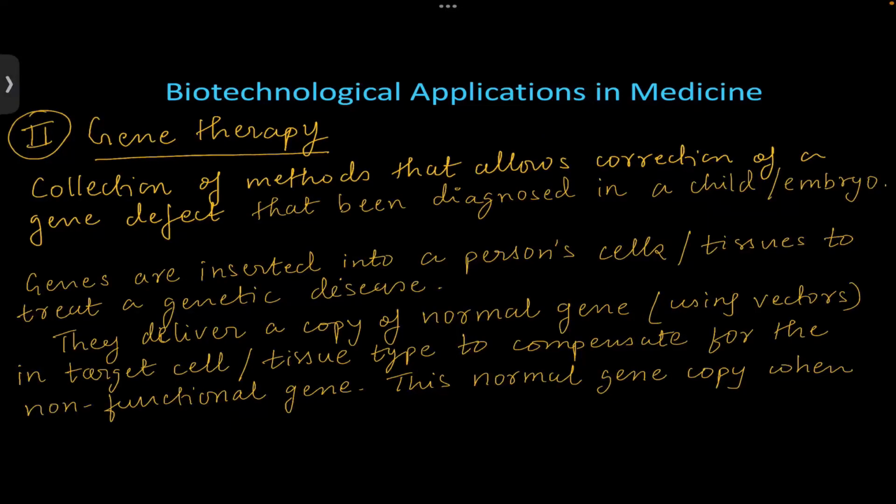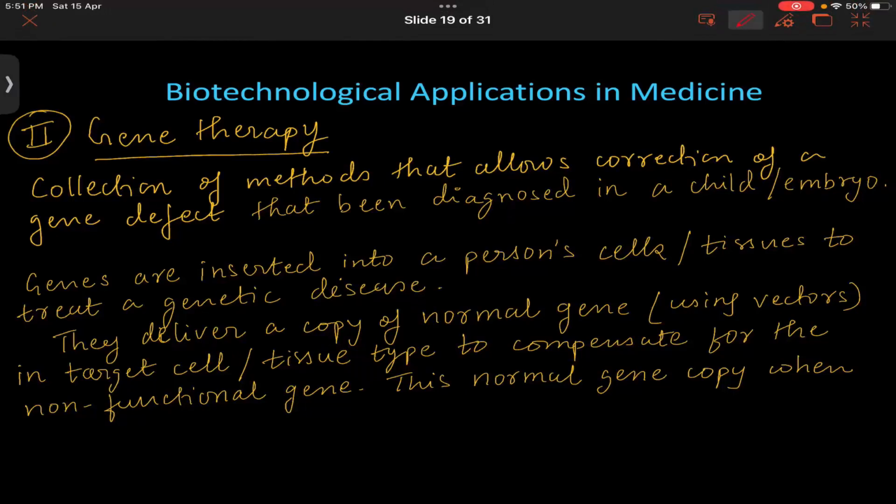Now, another area where biotechnology has really helped in making people's lives better is the development of gene therapy. So, what is gene therapy? Basically, it is a collection of methods that allows correction of a gene defect that has been diagnosed in a child or even in an embryo.